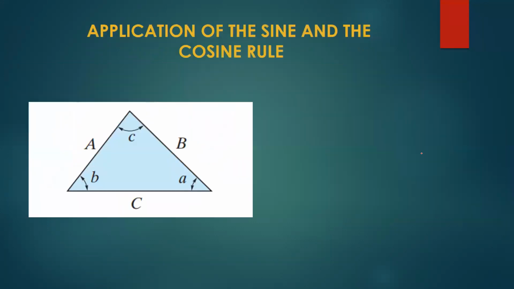So this is an isosceles triangle. An isosceles triangle, in case you've forgotten, is simply a triangle that has all sides different from each other. This triangle can also be an equilateral triangle, or a right angle triangle.